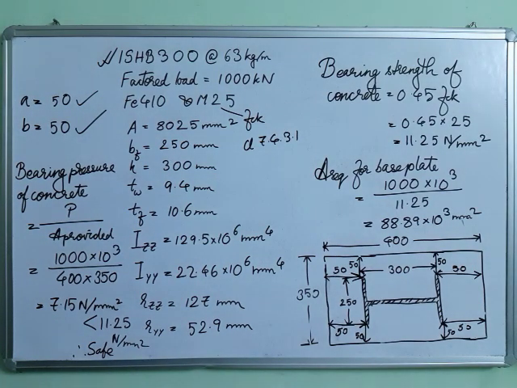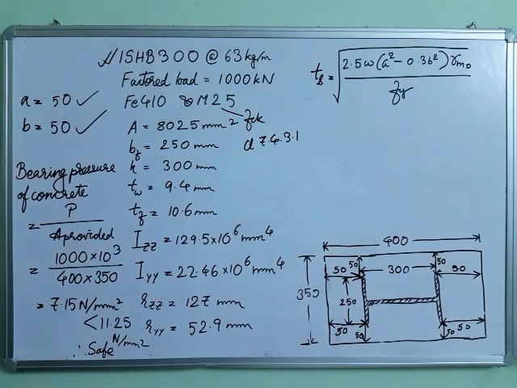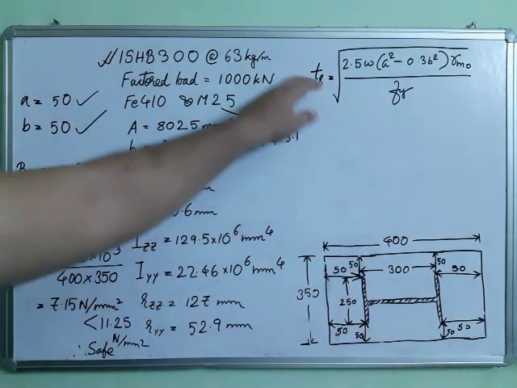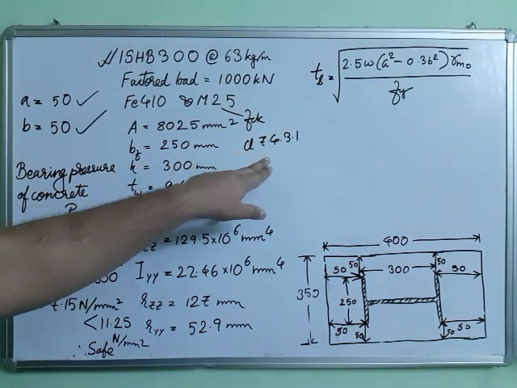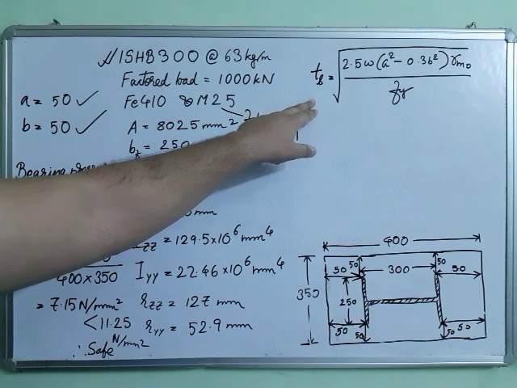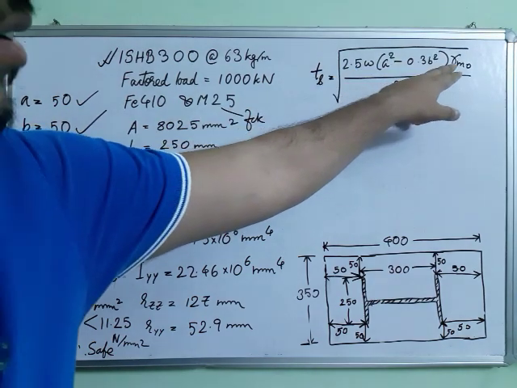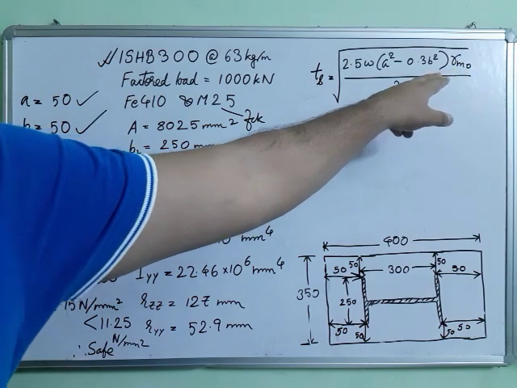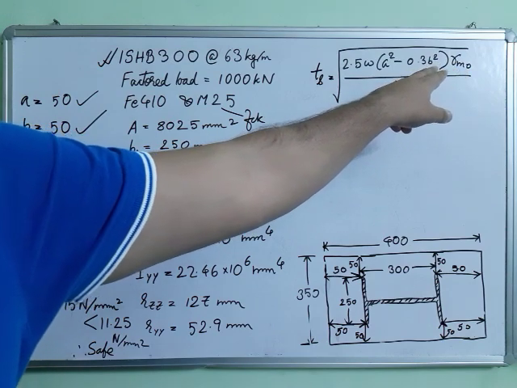That is the formula for the thickness. So A we know, B we know. This value we will get from table 5 page 30. It will be 1.1.